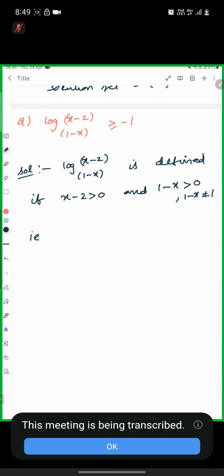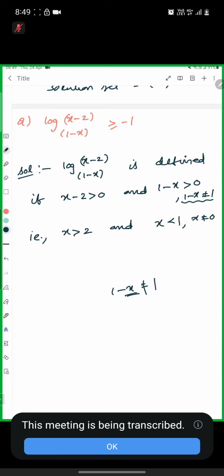That means x minus 2 greater than 0 means x greater than 2. And 1 minus x greater than 0 means x less than 1. And x is different from 0, since 1 minus x equals 1 only when x is 0, but here we want 1 minus x not equal to 1.